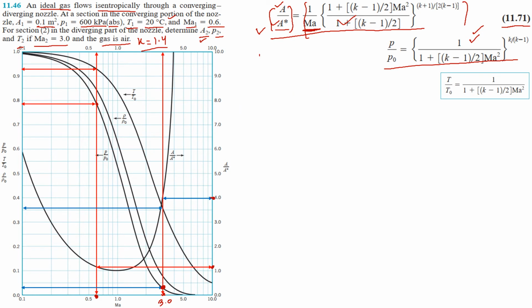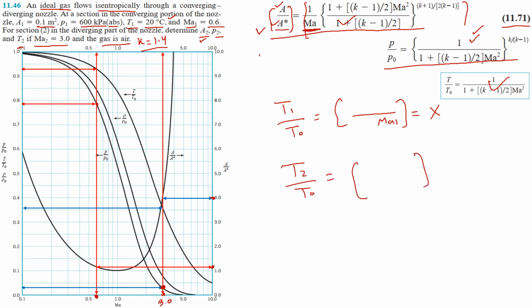So let's do that again, and I can arrange this equation again for T1 over T naught, and that will be equal to the right hand side that is given here. Here the Mach number will be Ma1. I will call this again x, and then T2 over T naught, and this will again be equal to Mach number 2, and here it will be equal to y.